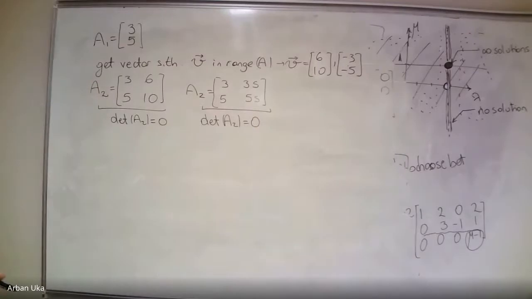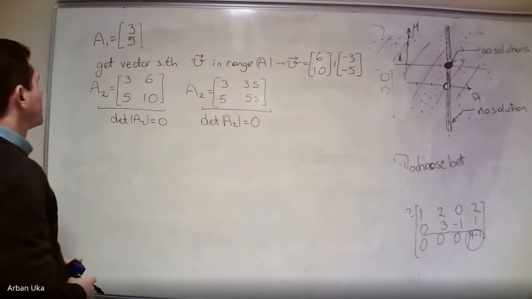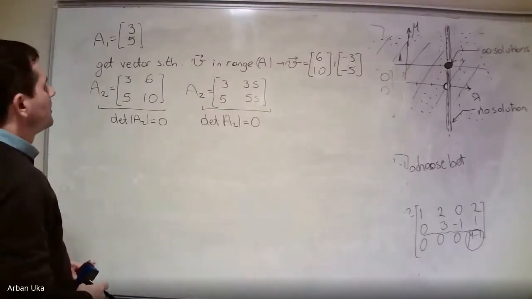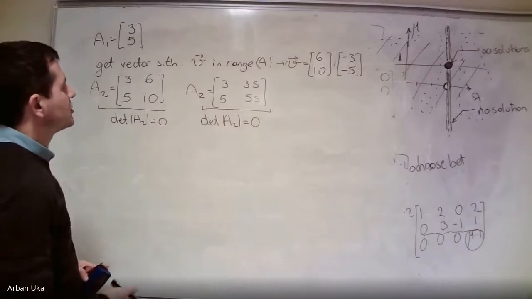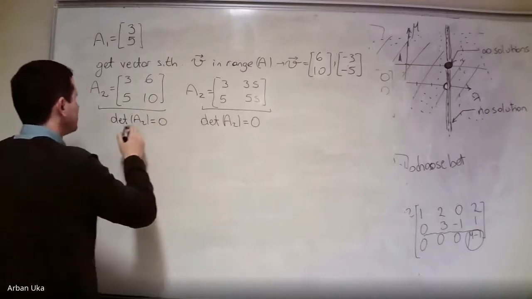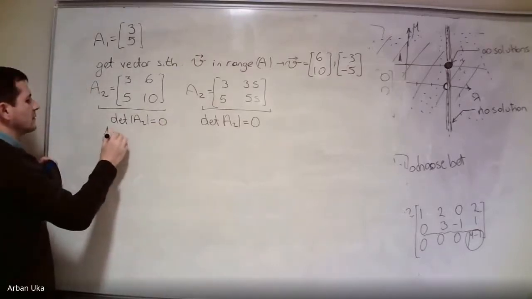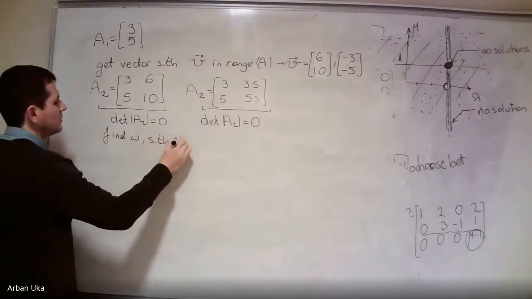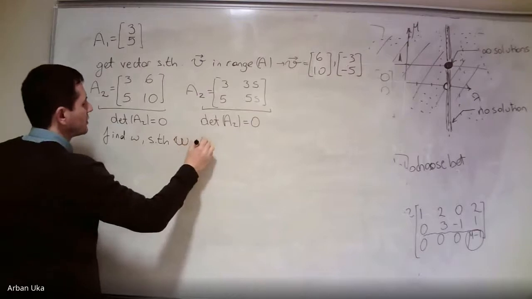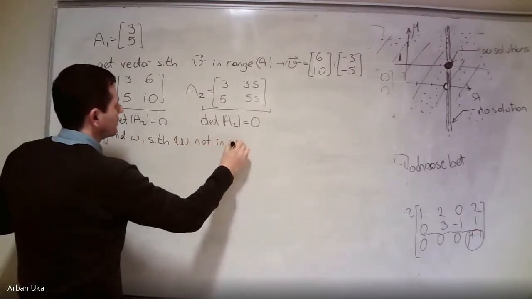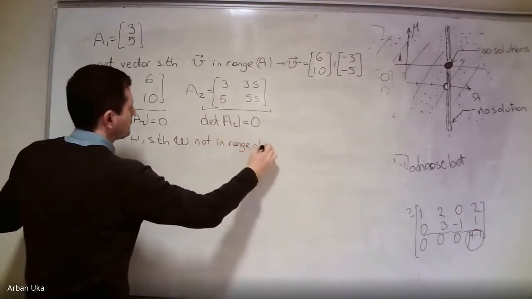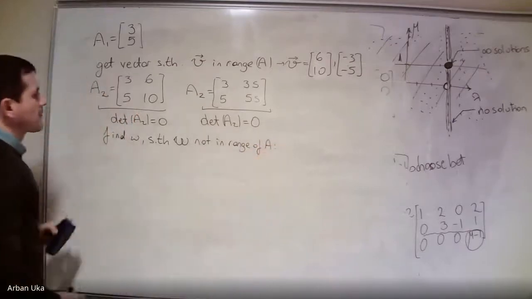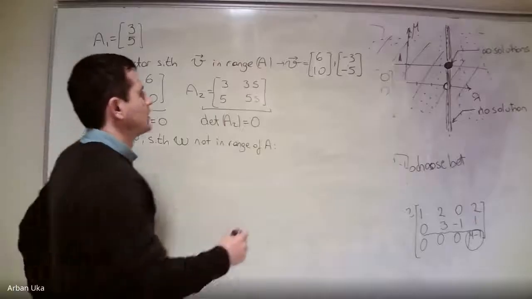So then can you produce a vector W that is not in the range of A? Find W such that W is not in the range of A. 3s, 6s.